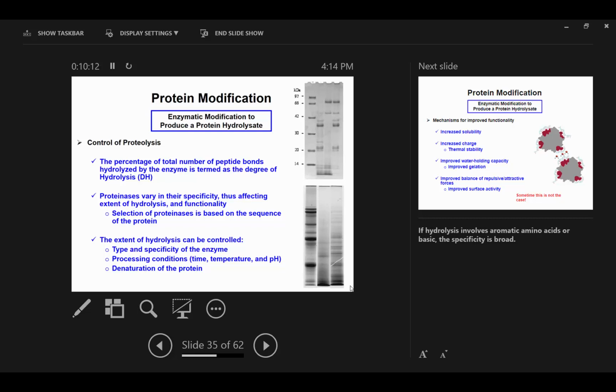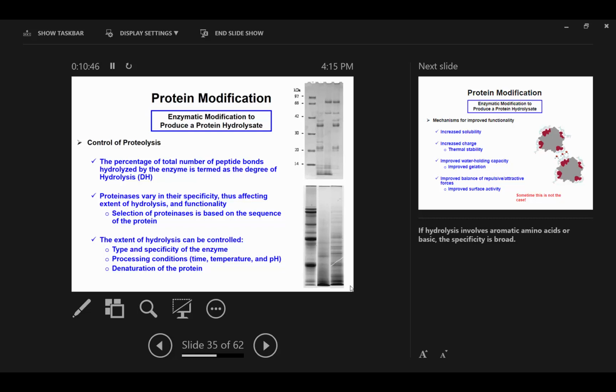So this is an indication of larger proteins broken down into smaller segments of the protein, peptides. But one enzyme selectively or specifically selected a subunit versus another enzyme that selected a different set of subunits. So we'll give an example later on how that impacted functionality. Specificity impacts which subunits are being hydrolyzed and also functionality, and I'll show you examples later.